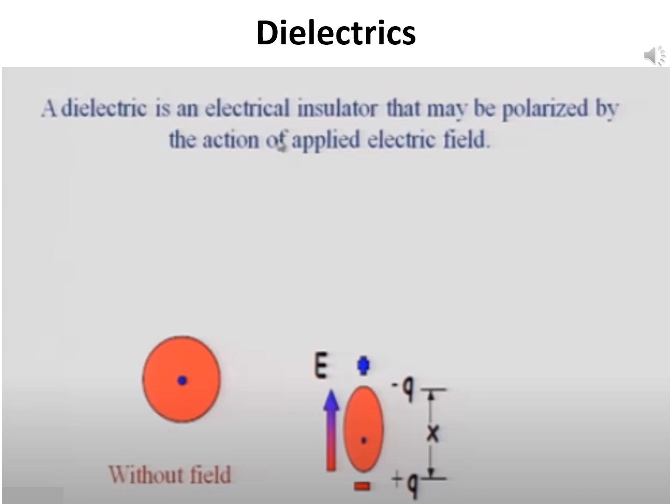So it is like an electrical insulator, and this material can be polarized when we apply an electric field.